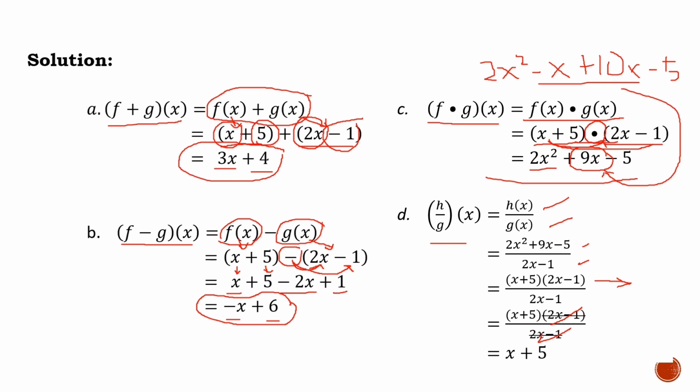So that will be equal to 1. It will never affect your final answer because 2x minus 1 over 2x minus 1 is equal to 1. Now, our final answer for this letter D is x plus 5. So that will be your final answer for letter D.